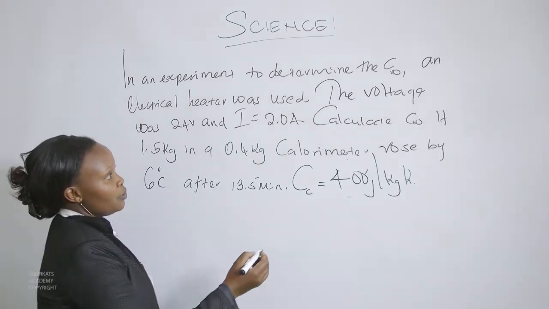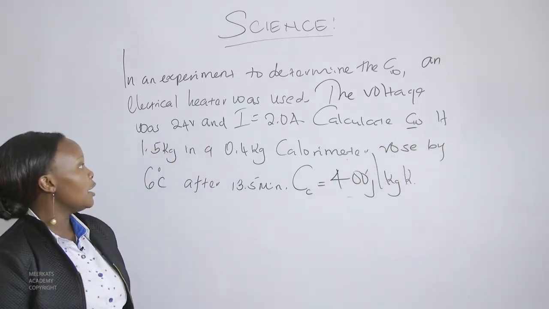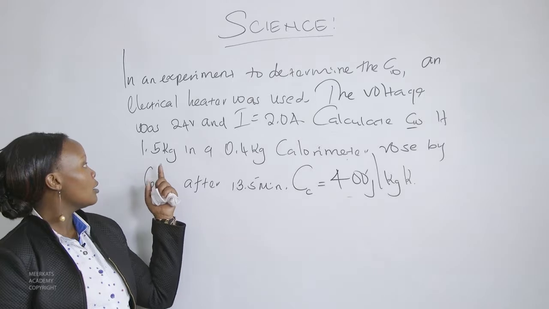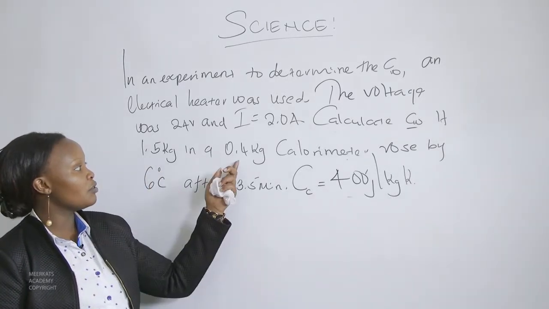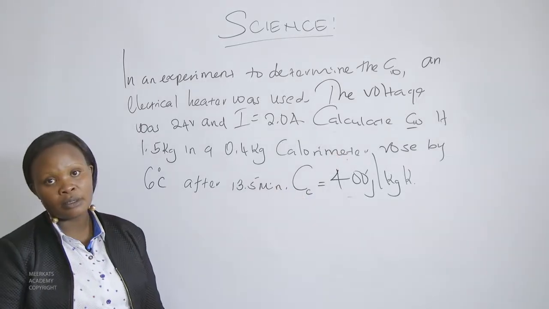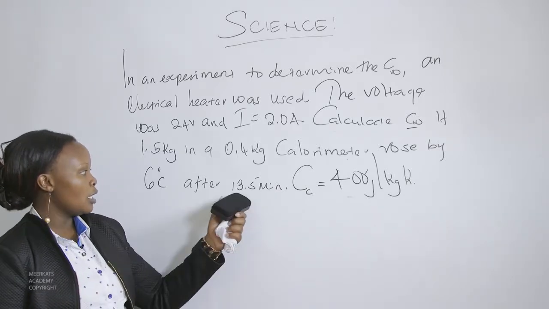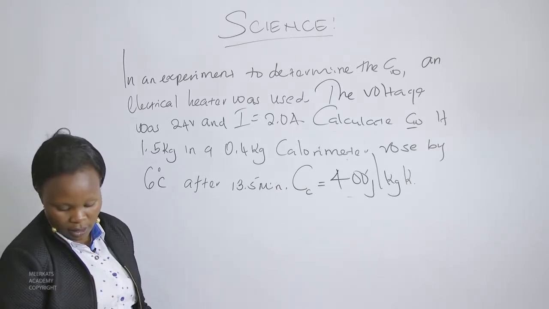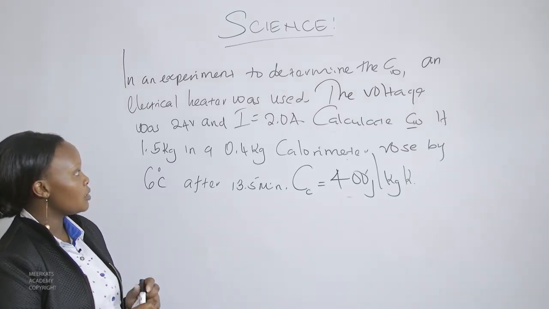Now, we are required to get the specific heat capacity of water if 1.5 kgs of water in a 0.4 kgs calorimeter had its temperature rise by 6 degrees centigrade, and the time is given as 13.5 minutes.